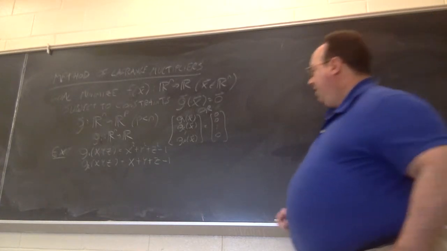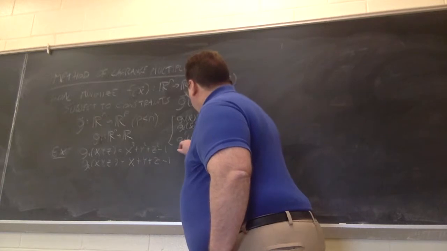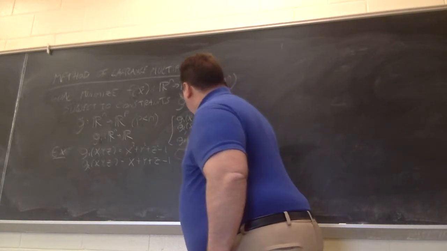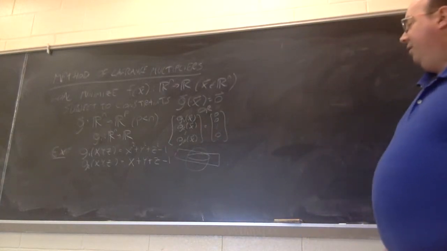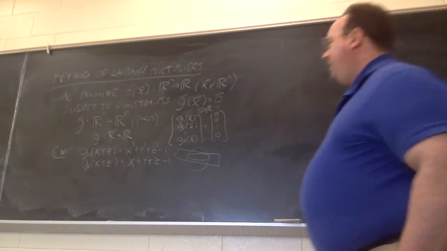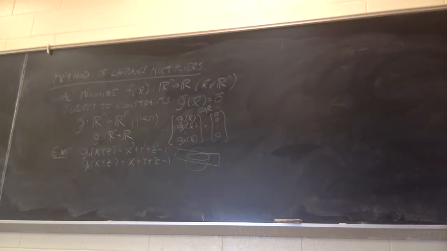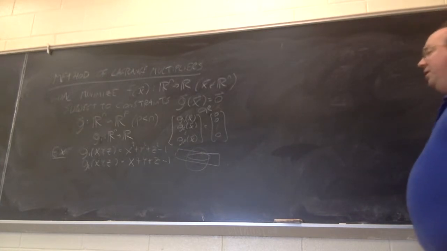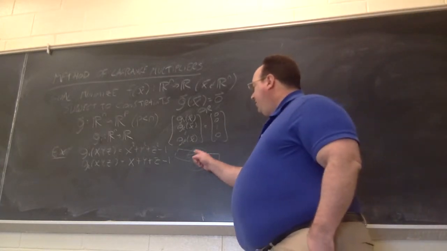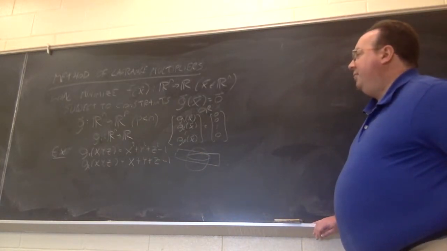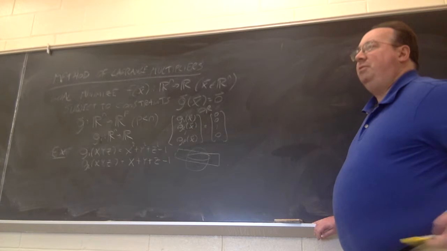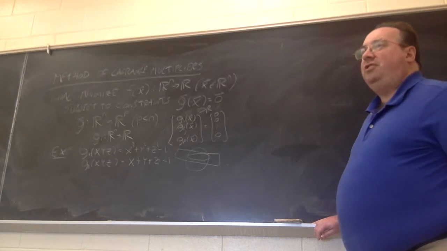So I would draw that. You have some plane coming through the sphere, and that would make a ring of some kind. It's this set that we care about, and we're trying to find the minimum of f within this set. An example of f might be just the Euclidean length.